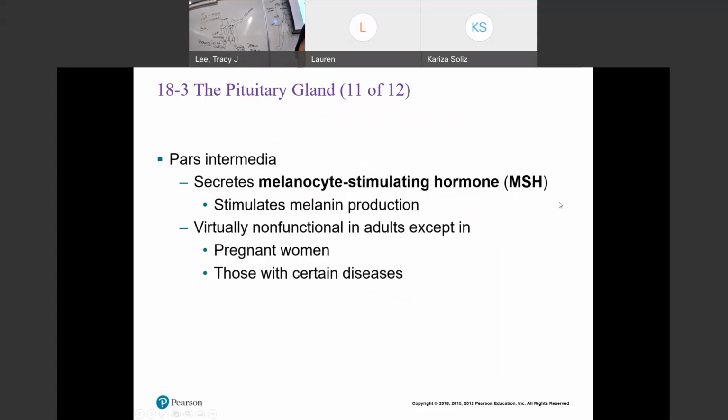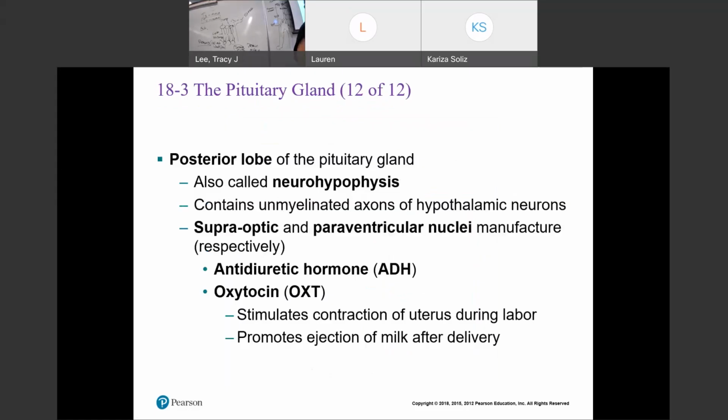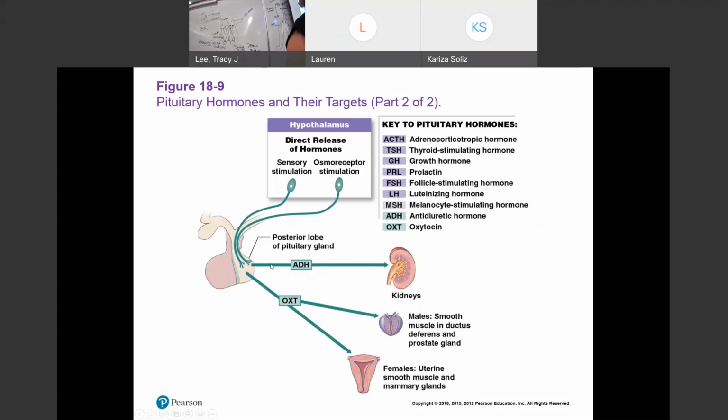MSH, we know what it does, right? Posterior lobe, we know it does ADH and oxytocin. You don't have to worry about these guys right here. We said one ramps up your uterus during labor. We know, what's that? Yeah, and ADH is for dehydration.